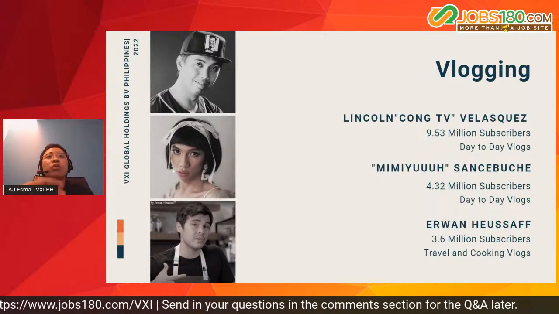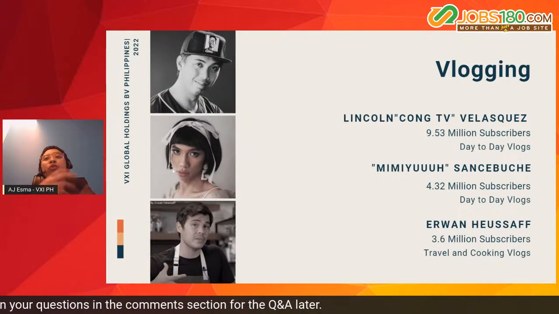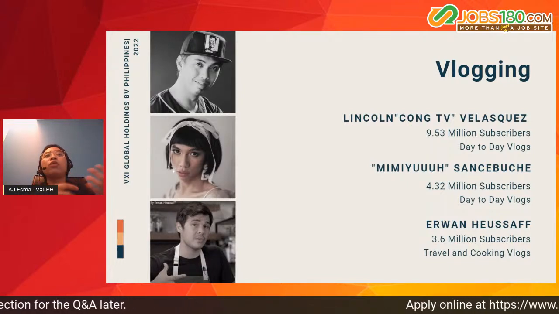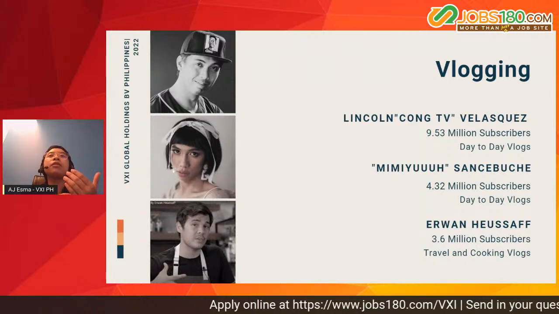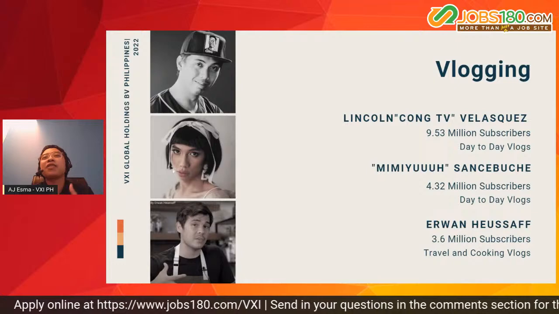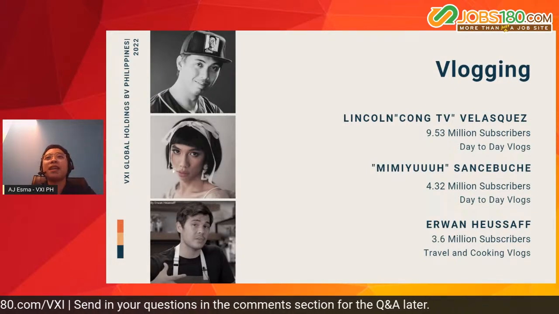When you're cooking, you have to prepare multiple cameras for multiple angles, 'di ba? But I think people resonate more with vloggers who are able to show their real lives from time to time, 'di ba? Kong is actually very funny. He hangs out with his friends, with his fiance na, I guess.